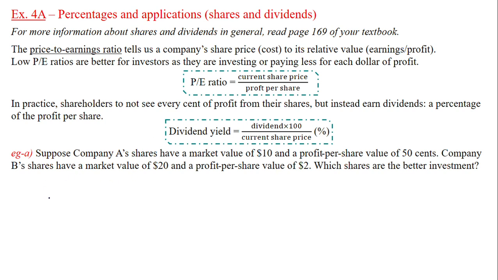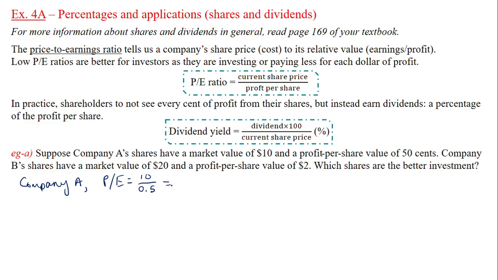To make that decision, we need to consider the price to earnings ratio of both companies. So for company A, the price to earnings ratio is given by $10, which is the price of the share, over 50 cents or 0.5.